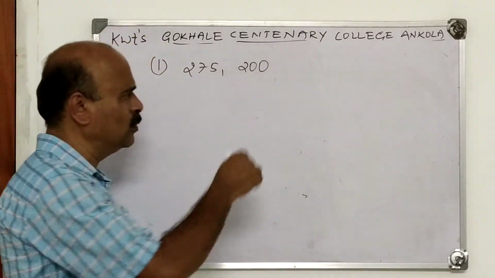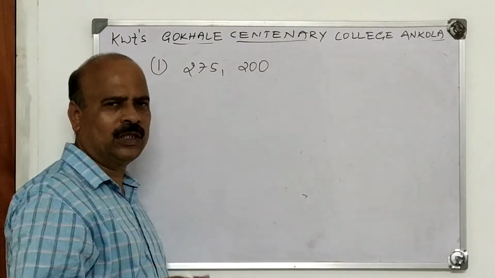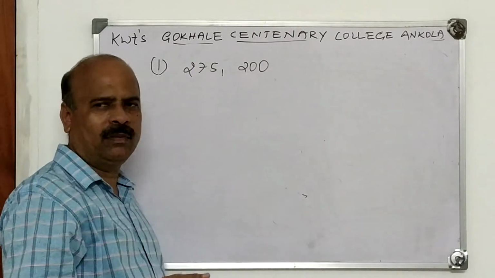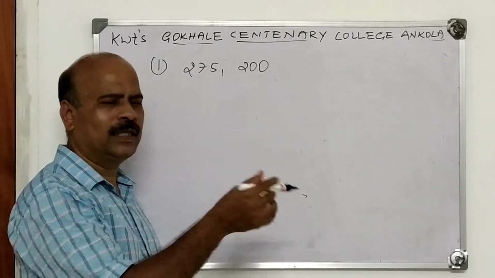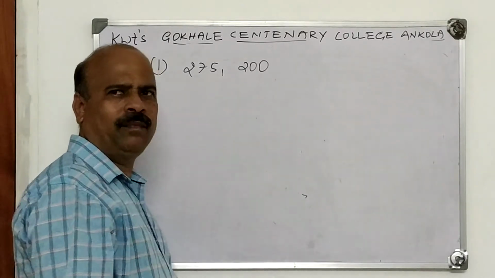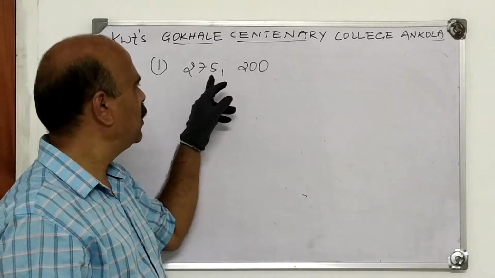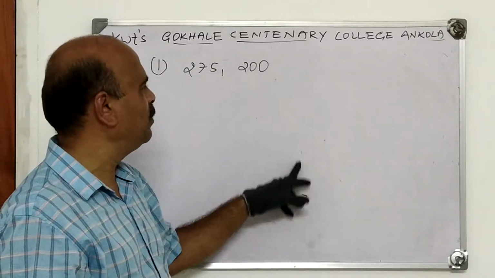I think you have followed the definitions I have explained: what is a prime number, composite number, relatively prime number, and what is the GCD of two numbers, and so on. Now, I explain how to find the GCD of two numbers using Euclid's algorithm. This problem is important.